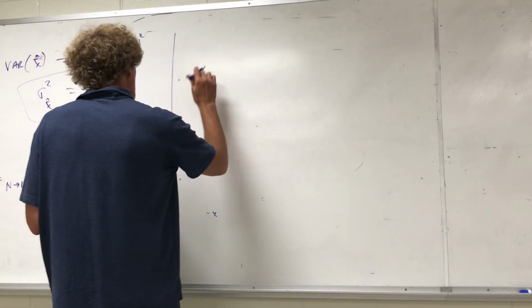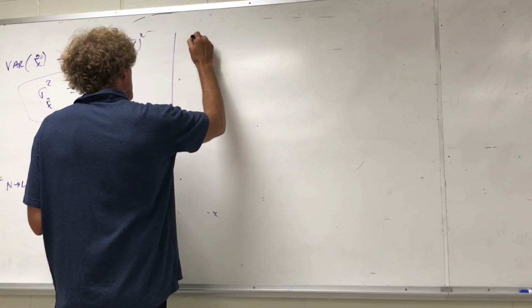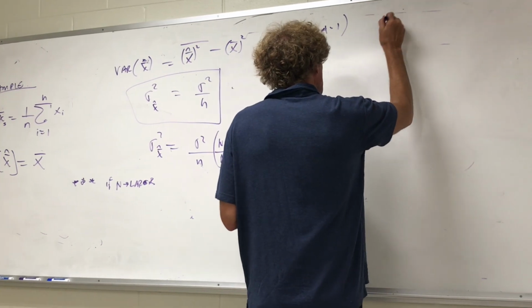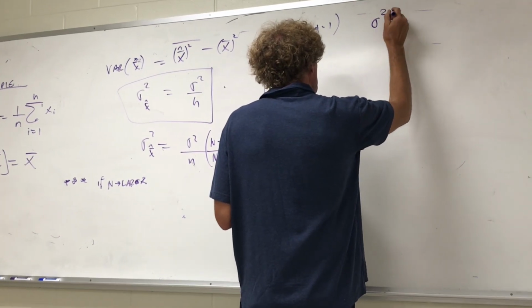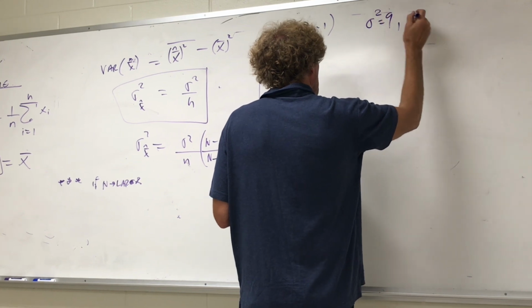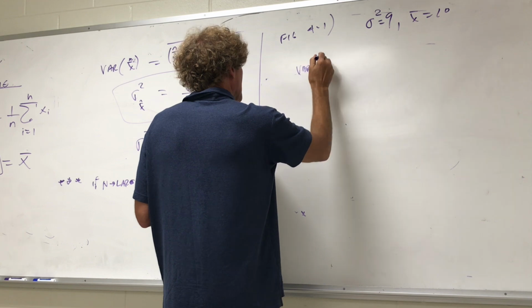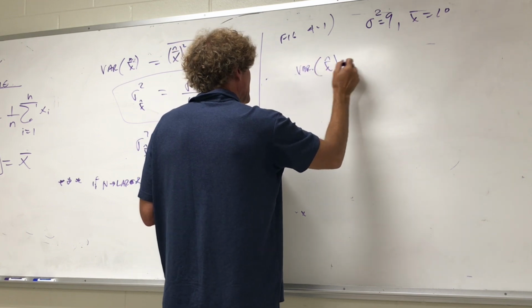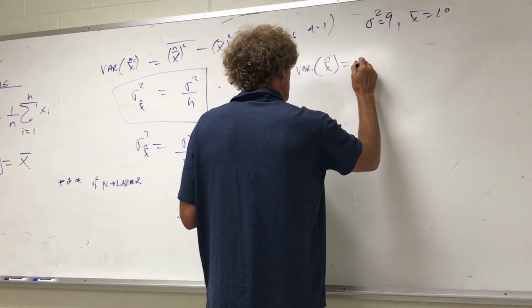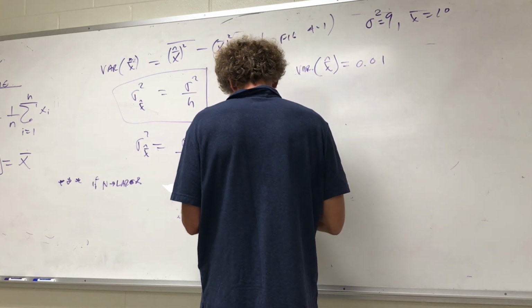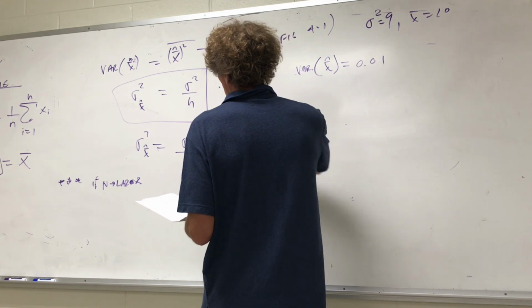So in this waveform, figure 4-1 here, the actual value of sigma squared is 9, and the actual mean value is 10. The variance of x bar hat here is going to be 0.01, and he gets this from the formula right here.